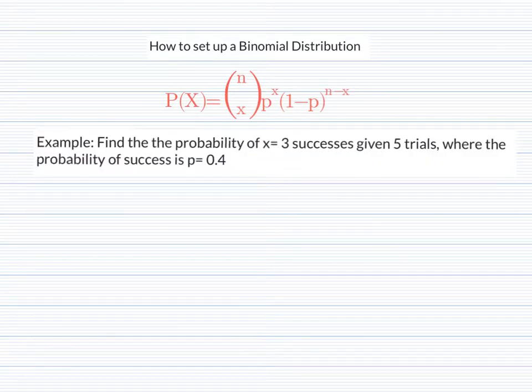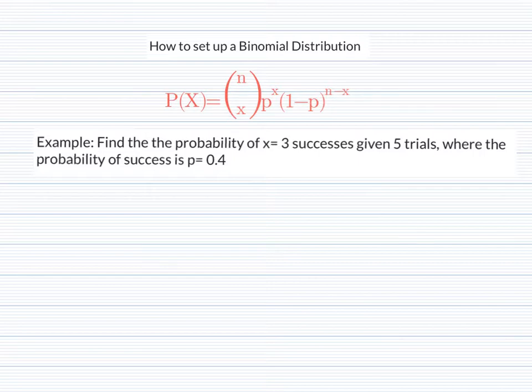So let's look at an example on how to just find the probability of x successes when we have 5 total trials where the probability of success is equal to 0.4. Now that's the probability of success in each trial, not the probability of success total amongst all the trials. So we have here the formula.